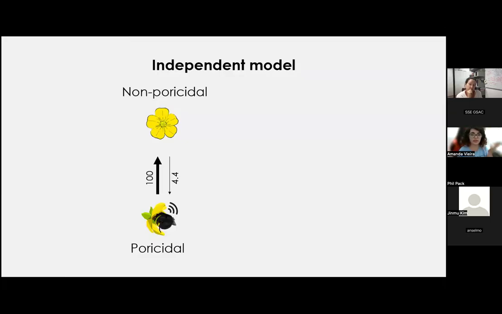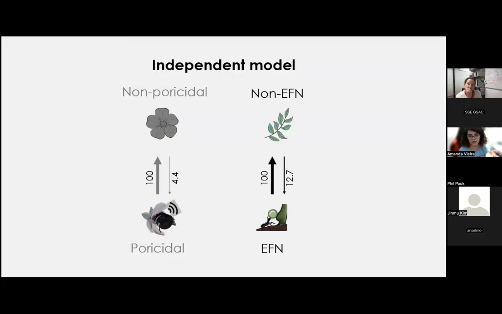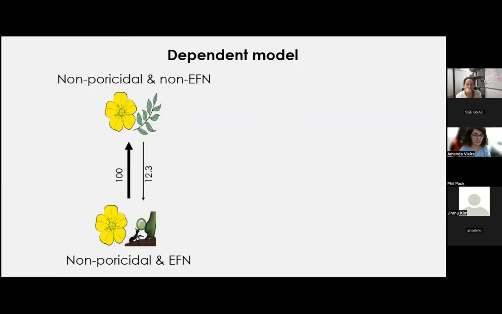So we tested an independent model in which these traits evolved separately. So here we have non-poricidal anthers to poricidal anthers and non-extrafloral nectaries to extrafloral nectaries. But the model that had the lower AIC was this one.